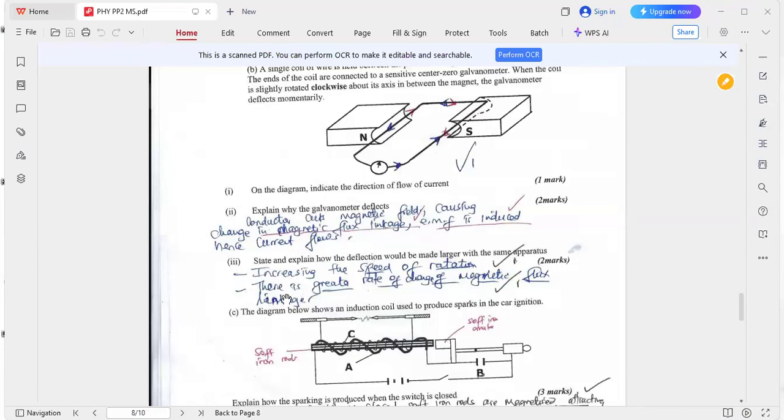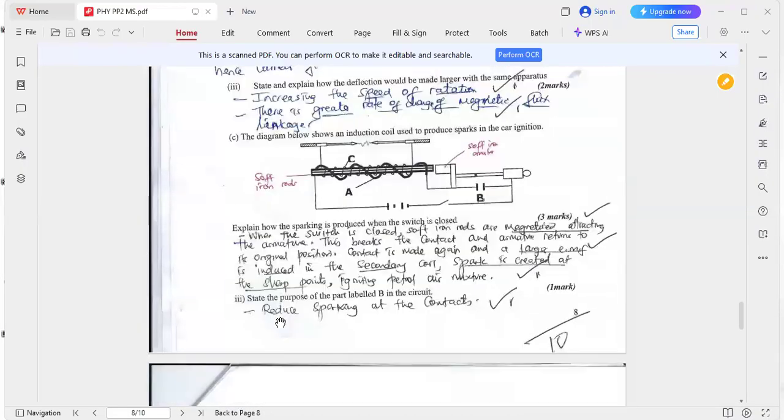Then explanation, you say, increasing the speed will increase the rate of change of magnetic flux linking, of course, the conductor, this coil, and the magnetic field of the permanent magnet.